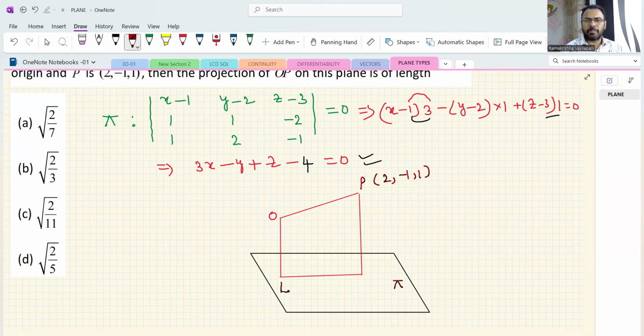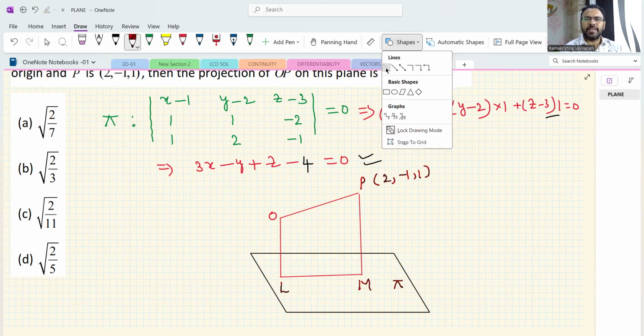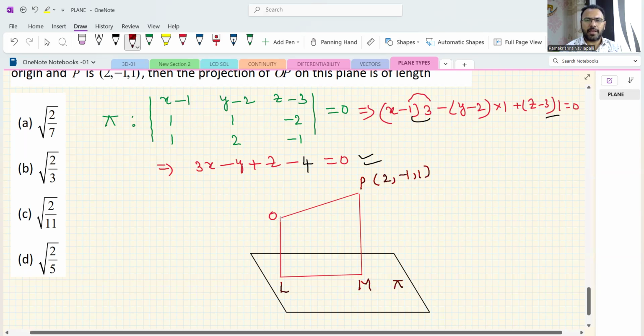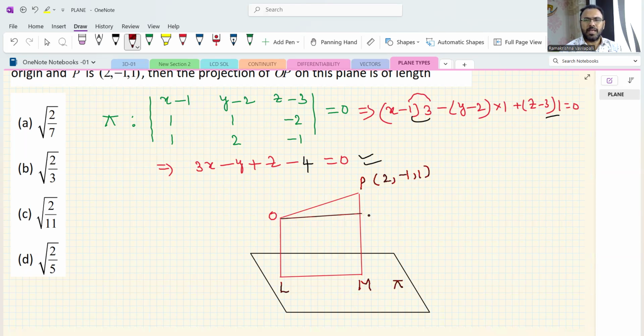Assume the foot of perpendicular from origin on the plane is L, from P is M. So LM is the projection of OP. Now you just need to draw a line from O parallel to LM. Assume this is Q.